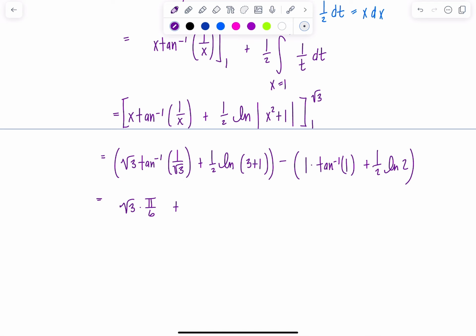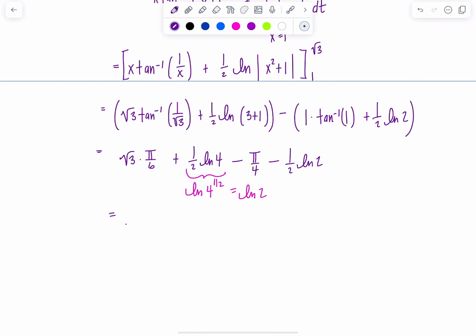Plus, this is 1/2 ln of 4 minus tan inverse of 1 is pi over 4 minus 1/2 ln of 2. Okay. 1/2 ln of 4, that's ln of 4 raised to the 1/2, which is ln of 2.